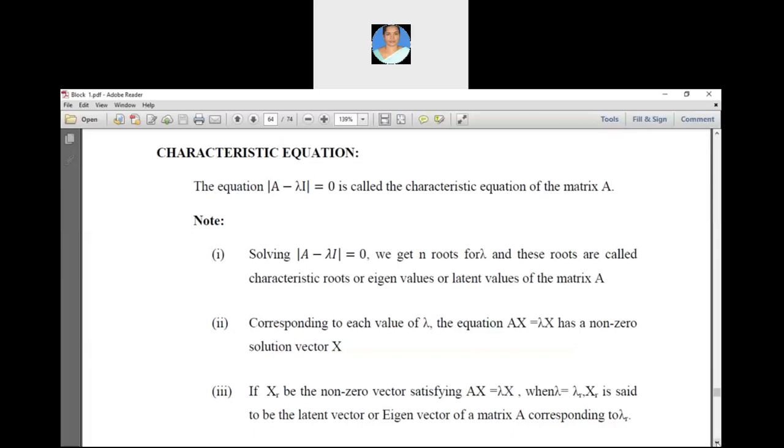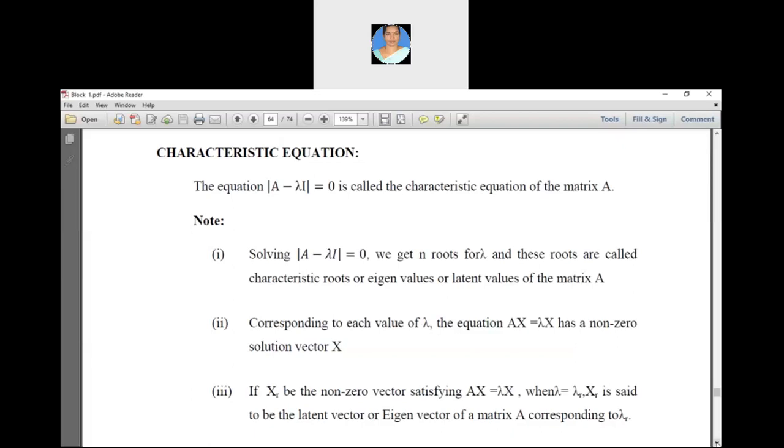Corresponding to each value of lambda, the equation AX equal to lambda X has non-zero solution vectors X. If X r is the non-zero vector satisfying AX equal to lambda X when lambda equals lambda r, then X r is said to be an eigenvector of the matrix A corresponding to lambda r.